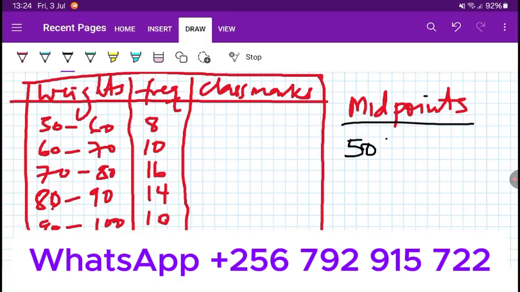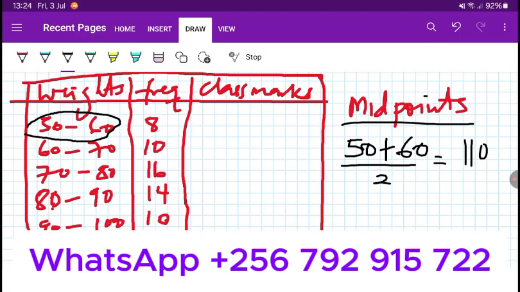It will be 50 plus 60 divided by 2 for the first class. This will be 110 divided by 2, that gives you 55. So the 55 will be here.